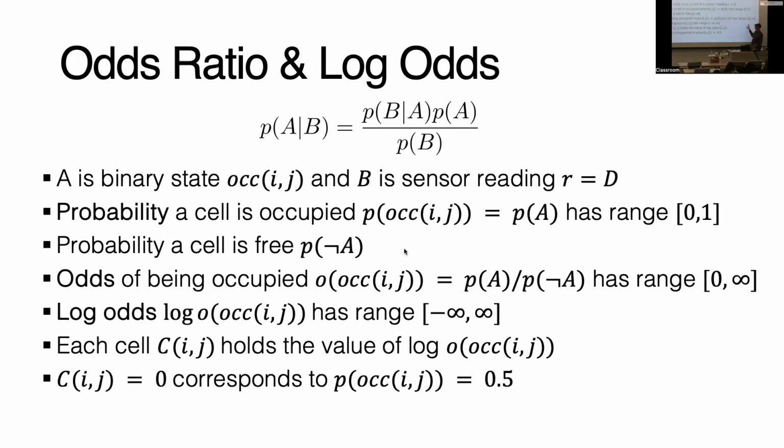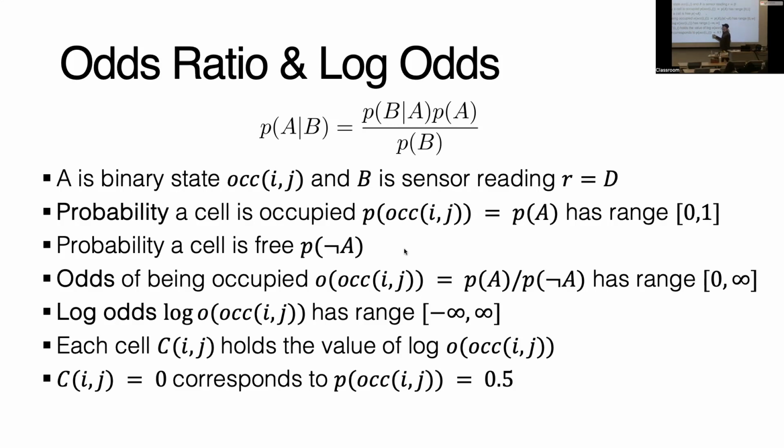That's going to be hard to deal with. So what we want to do instead is use the log of that to calculate. Now technically this has a range from minus infinity to infinity, but it grows much more slowly, right? So even if something has odds of being occupied of, say, 2 to the 100th power, the log odds is only going to be 100. So a reasonable, usable number that we can use in our map.